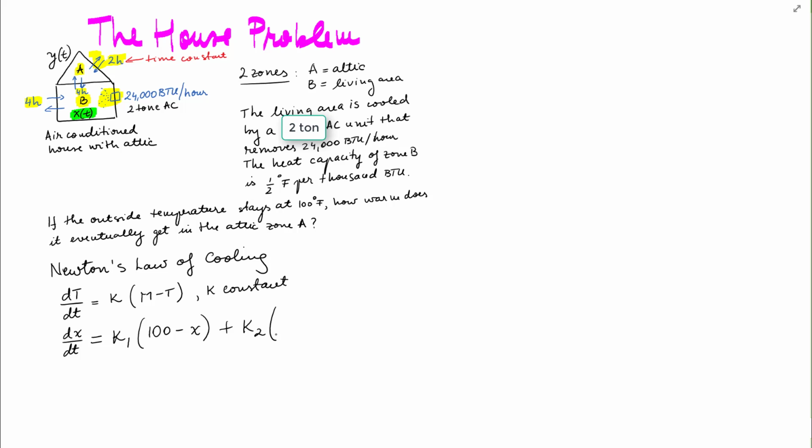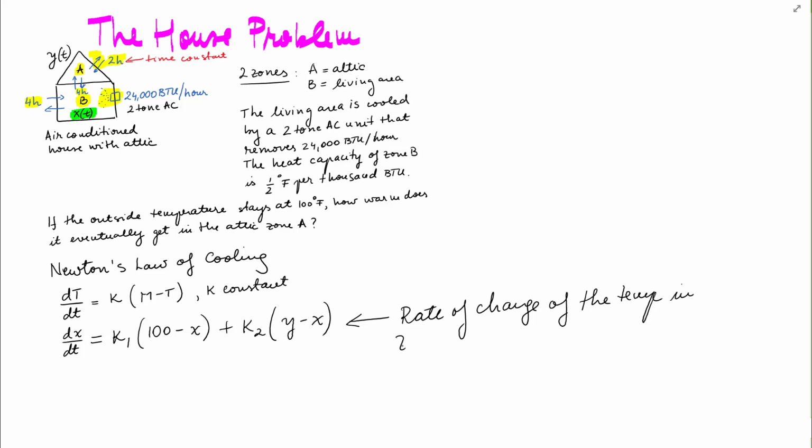So it's K2 times y minus x. What we wrote here is the rate of change of the temperature in zone B with the outside and with zone A.